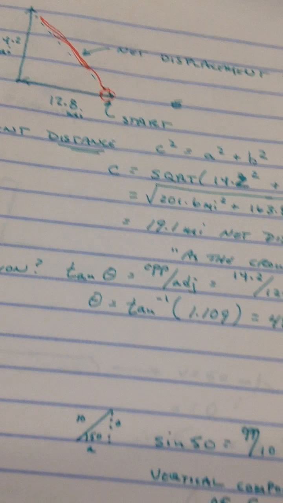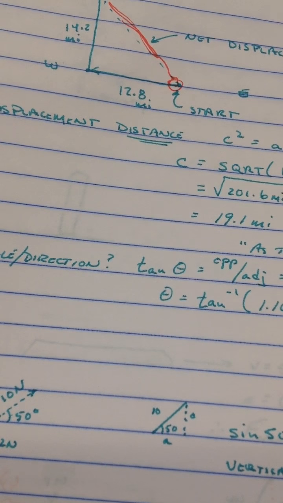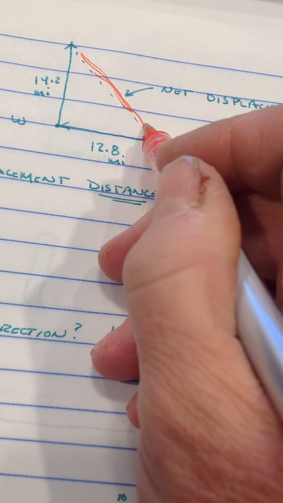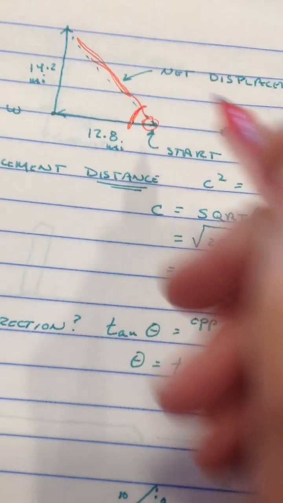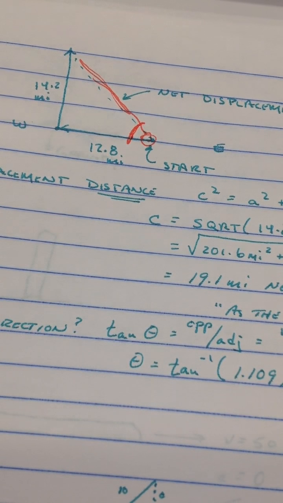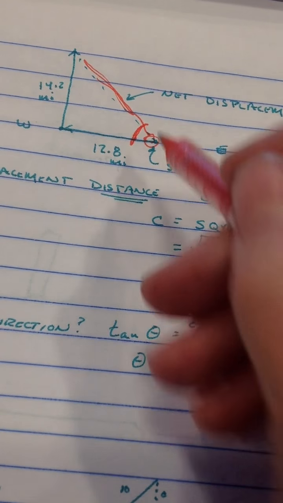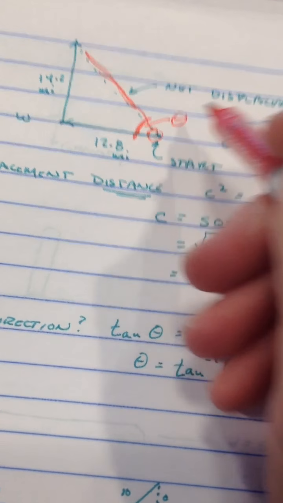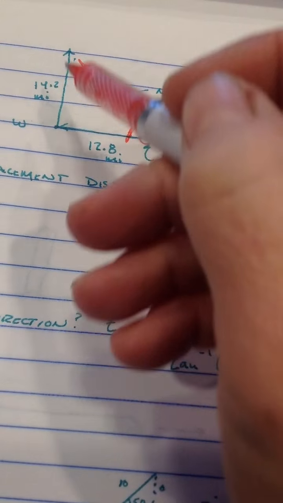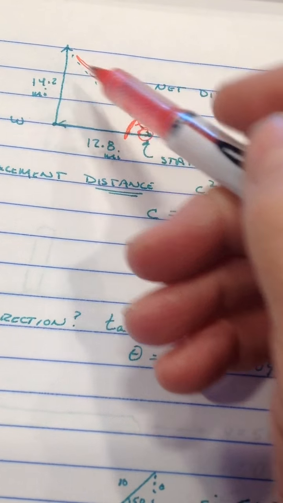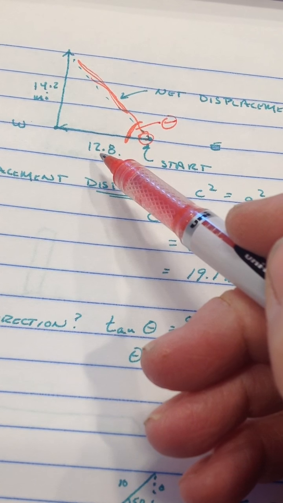If I wanted, I could ask an angle question. I could say, well, what is this angle from the east-west direction? In order to do that, I happen to know that the tangent of theta, so the tangent of this angle theta here, is equal to the opposite over the adjacent.